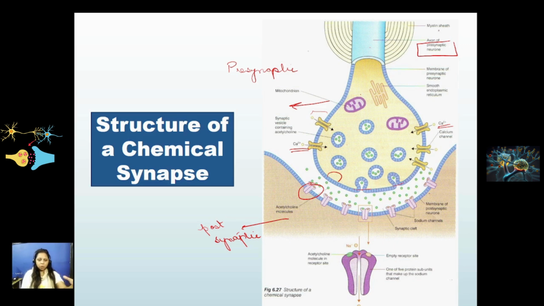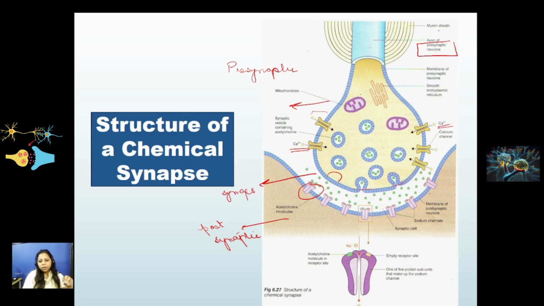By exocytosis, the neurotransmitters are released into the space. Now, this space, there is no physical connection, but it's only a spatial connection between the two neurons. This is known as synapse.